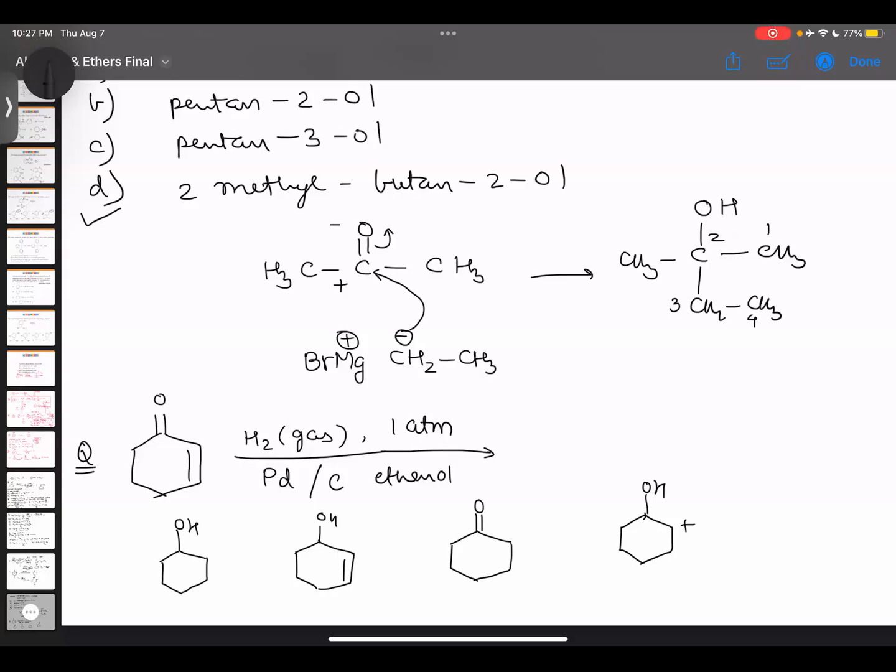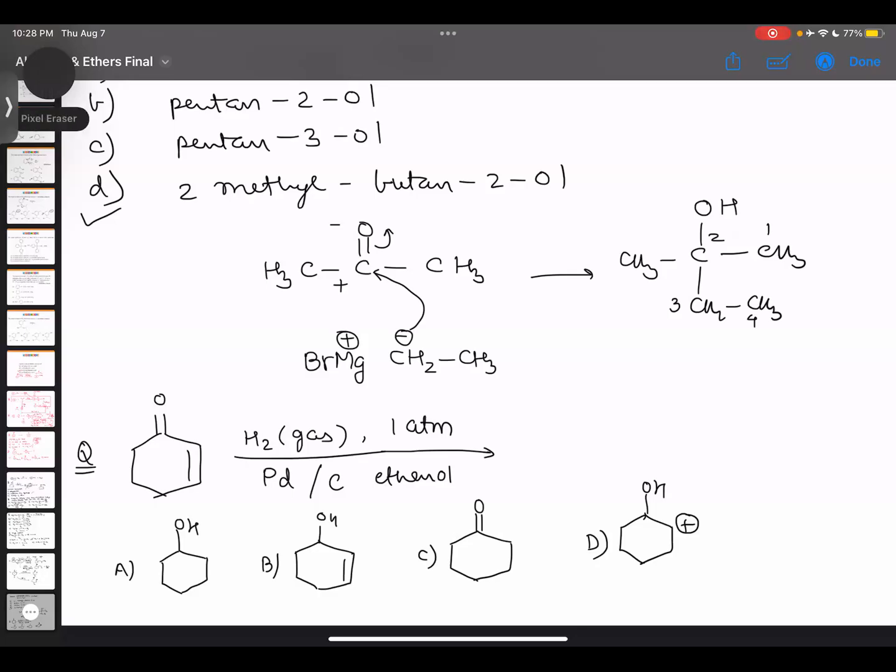Option D is not going to be the answer, because you can't have an intermediate as the final product. Got it. So either you are going to choose option A if both the double bonds are completely reduced, or B or C. But this is from your NEET PYQ only.